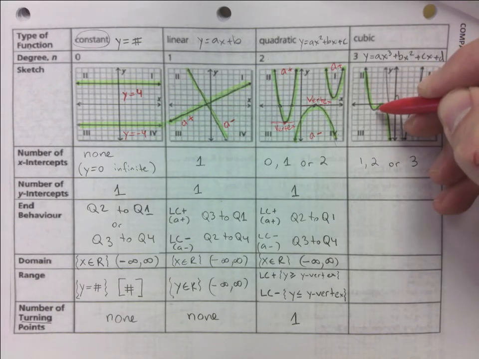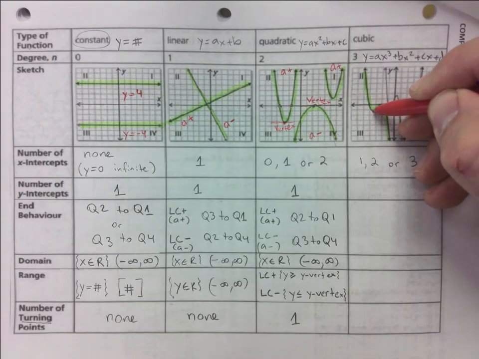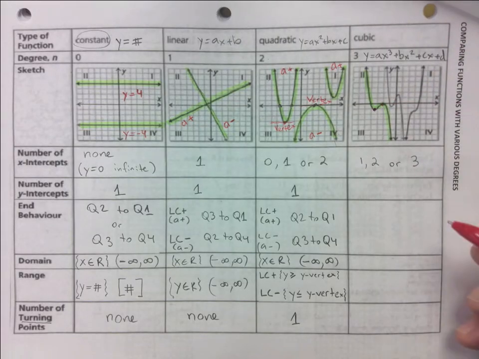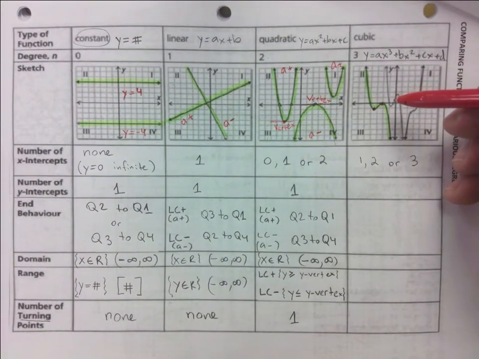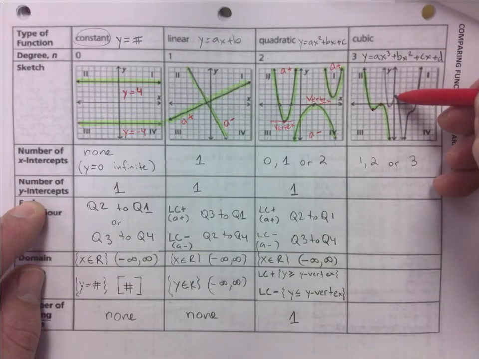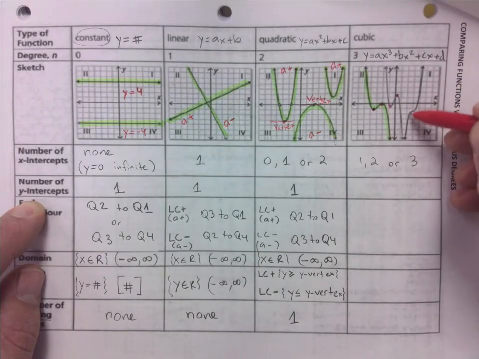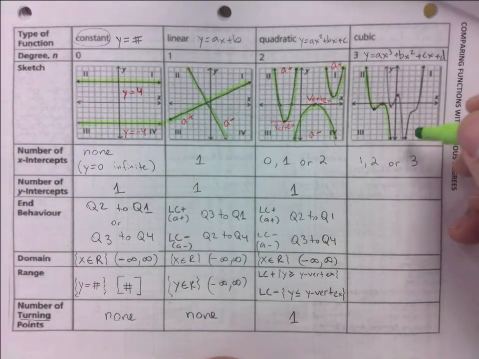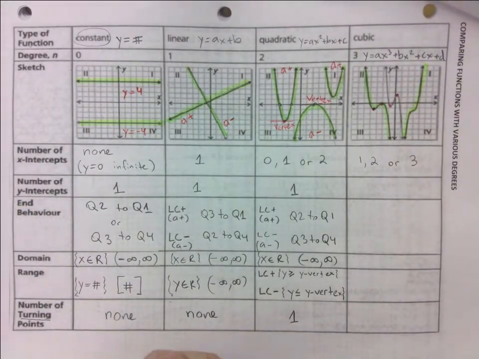A cubic doesn't have the lowest point, but it has a low point right there, and then a high point right there, right? So it has two turning points. This one here has two turning points as well, right there and right there. This one has no turning point. This one at the end here has no turning point.